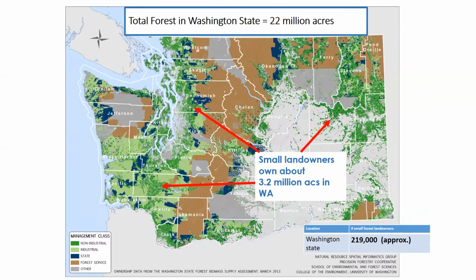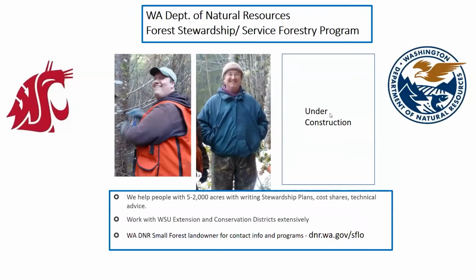These are the people that we try to help write stewardship plans, give technical advice, help people find grant opportunities. And we're in the process of building out our service forestry program. If you get confused with new labels showing up, well, in classic agency parlance, we're changing our name from forest stewardship to the service forestry program, which is actually a good thing.